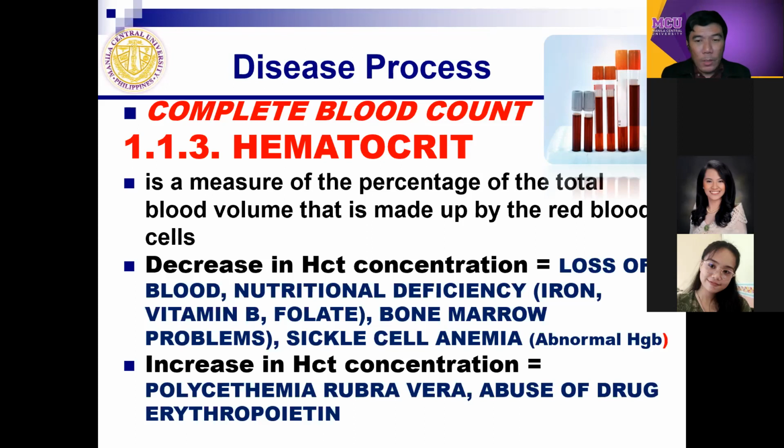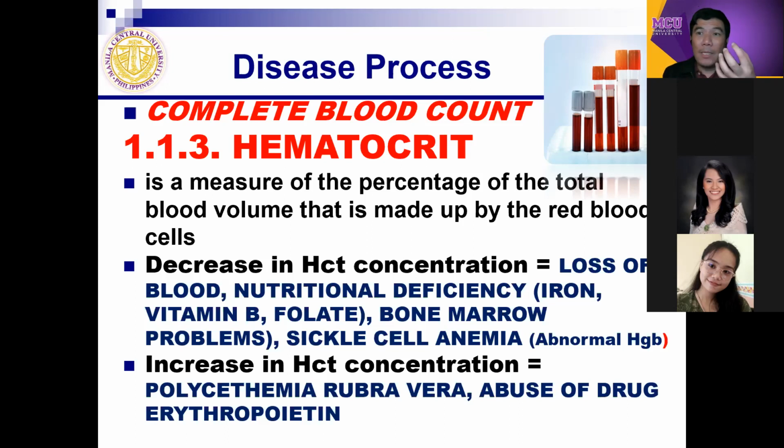Another is we have the abuse of drug erythropoietin. Usually po, ang erythropoietin is given para po to manage ito sa mga problems natin dun sa mga high risk for bleeding at high risk po for anemia. So this is usually, from the term itself, erythropoietin, this definitely corrects RBC.